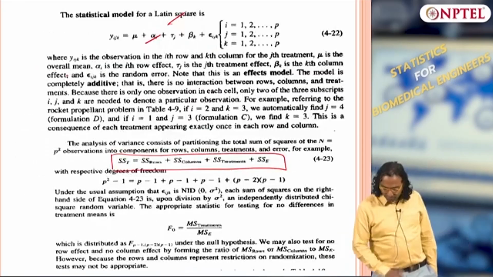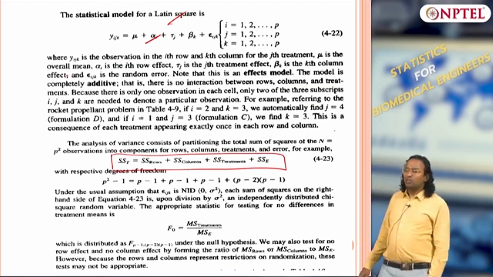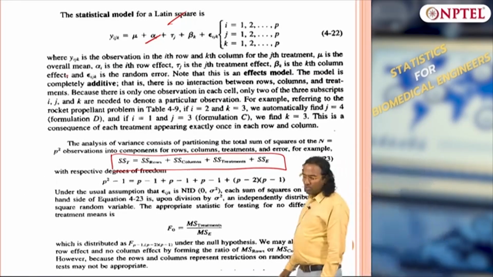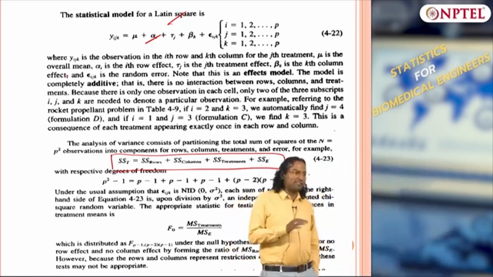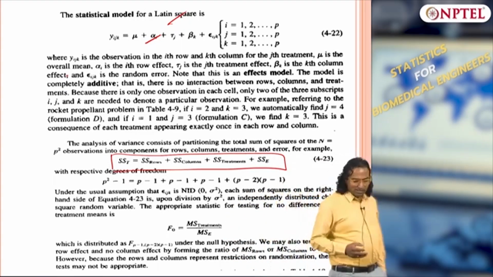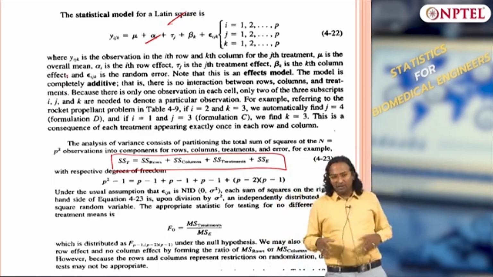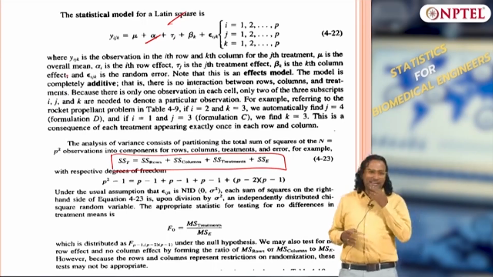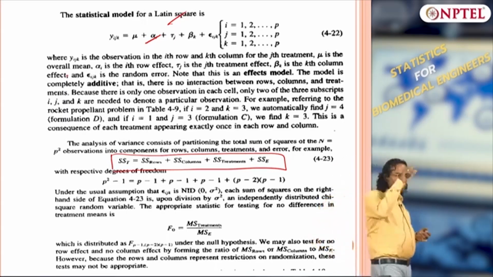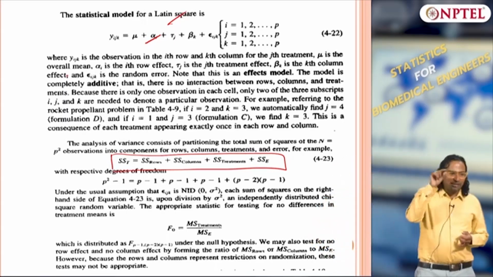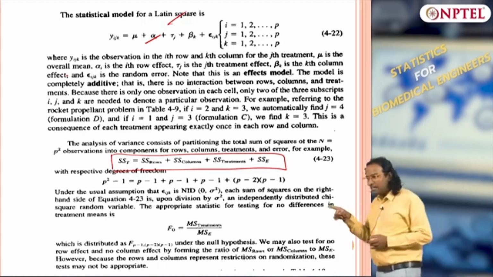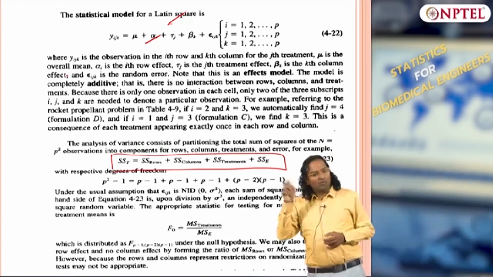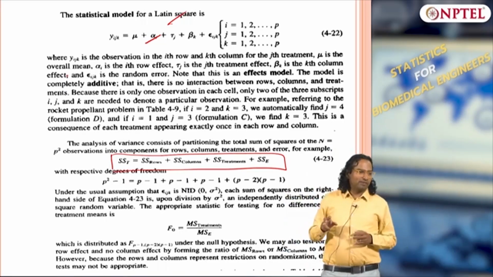So the Latin square model again is: now I have mu, which is a constant, plus alpha i, tau j, beta k plus epsilon ijk. There are 3 entries here: rows, columns, and the entries itself, that is treatments, blocking and one more blocking, if you want to call it that way.